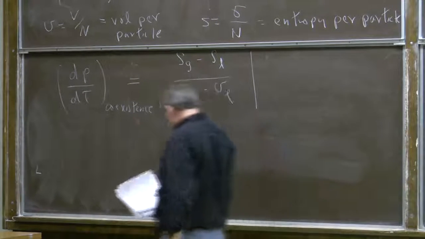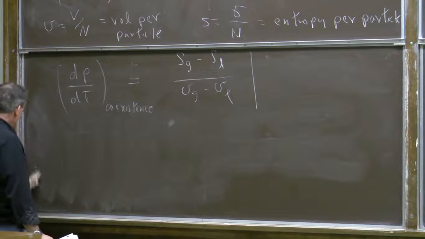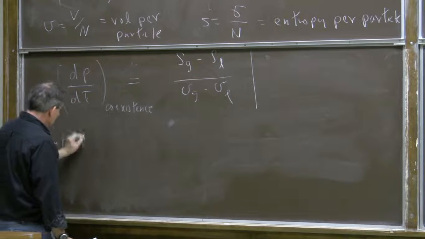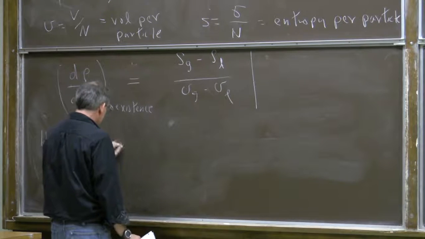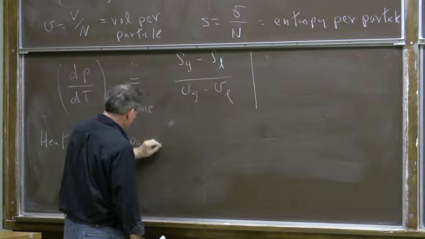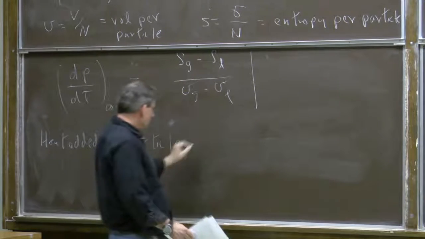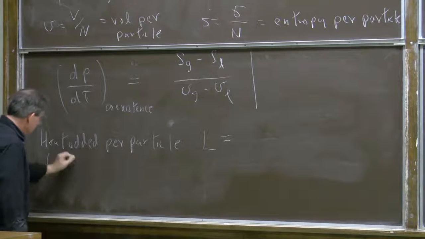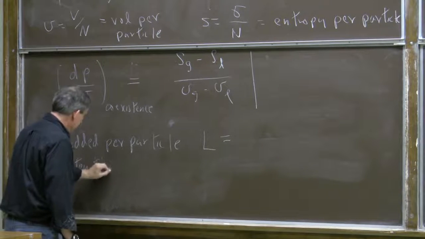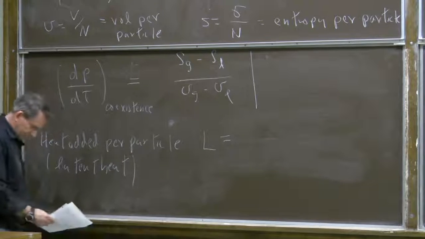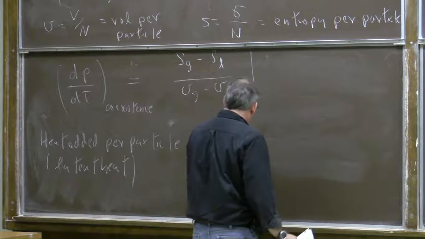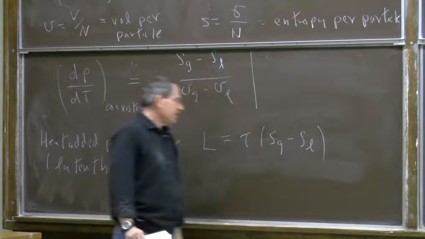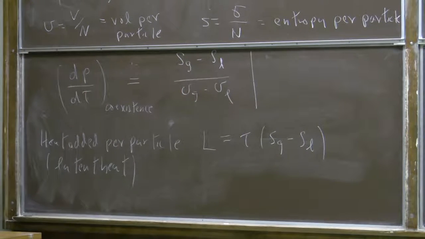And the heat added per particle, call that the latent heat of the transition, is the temperature times the entropy per particle in the gas minus the entropy per particle in the liquid.